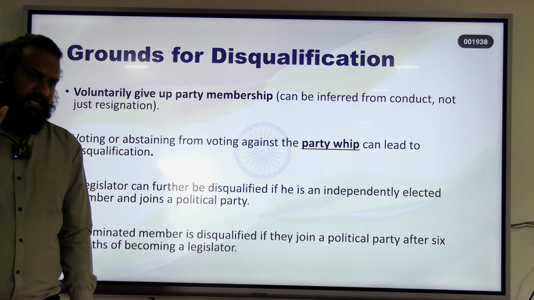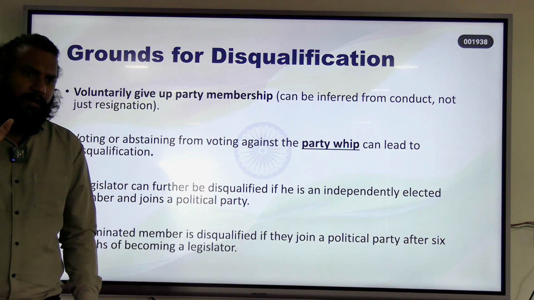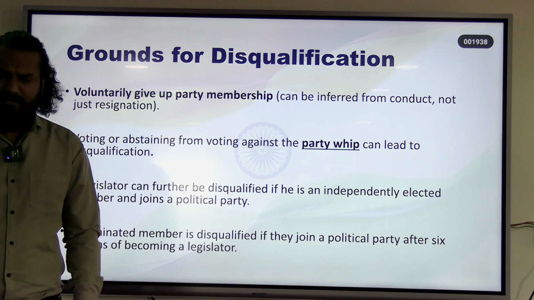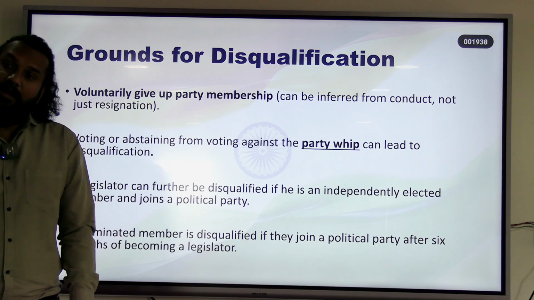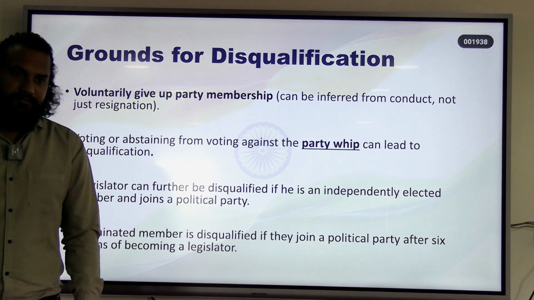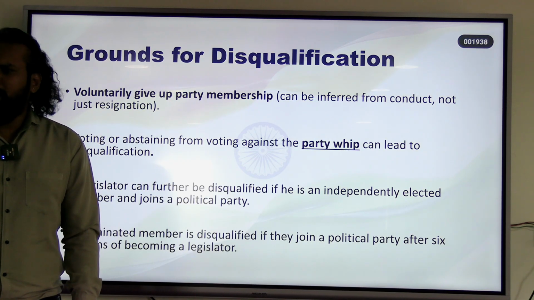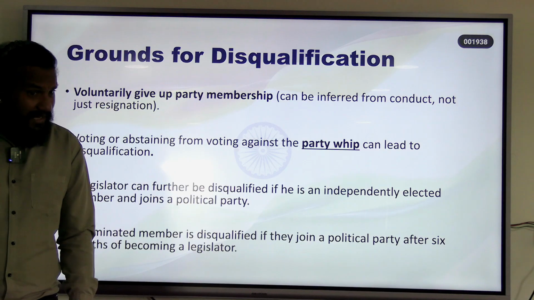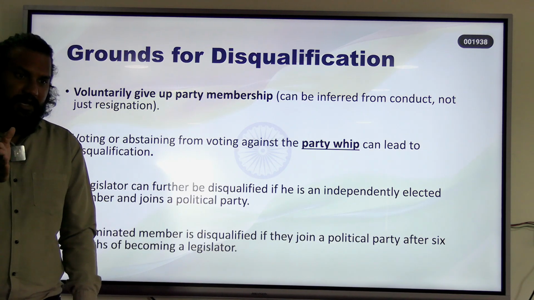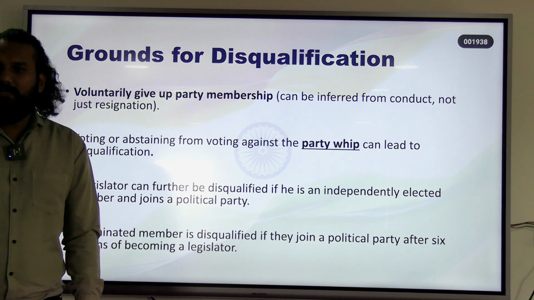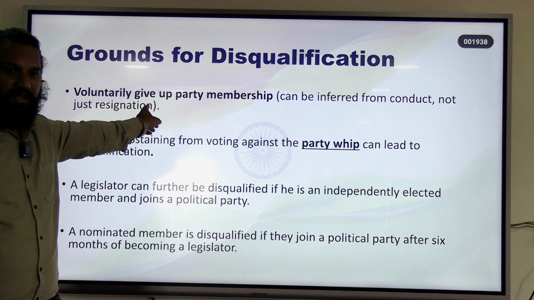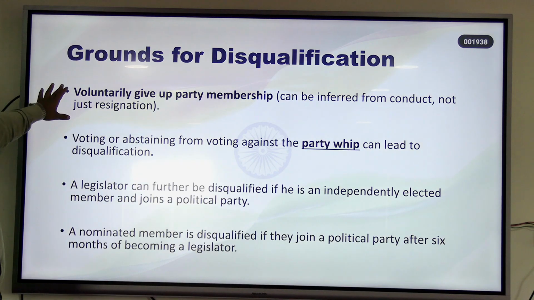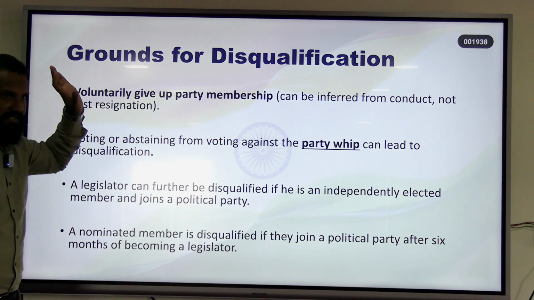So any party legislator, either an MP, MLA or MLC, if they voluntarily give up the party membership or resign from that particular party, then that legislator will be disqualified on the grounds of anti-defection. That is the first thing.